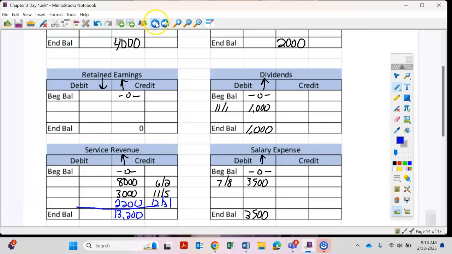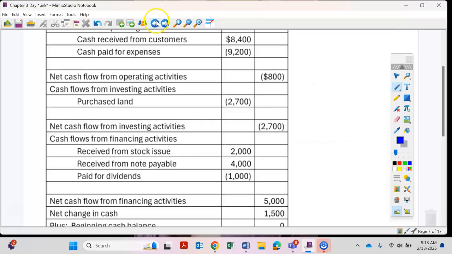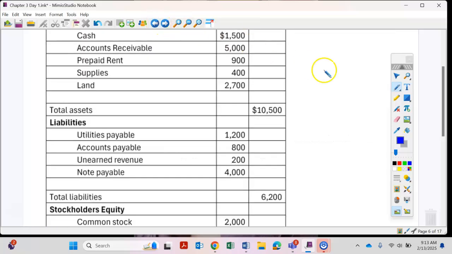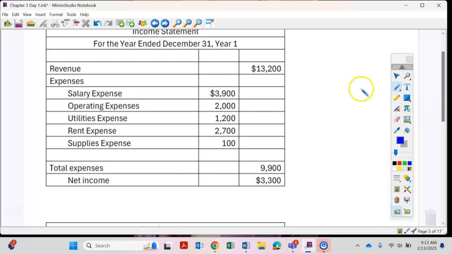Okay, we already did the financial statements back in chapter 2, and I actually just printed them out for us. So you can see, right? Revenue was 13,200. Notice I give the time period, for the year ended. Here are the expenses. Add them up.